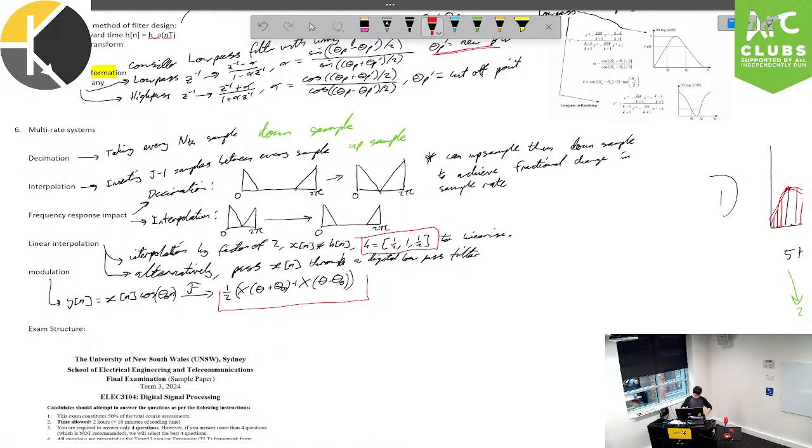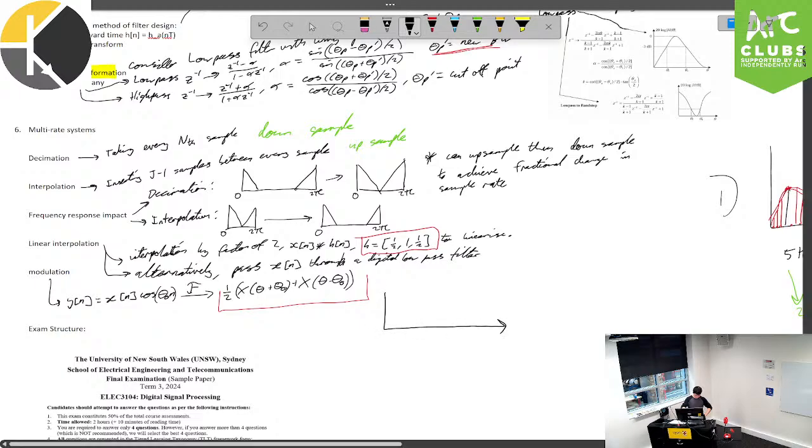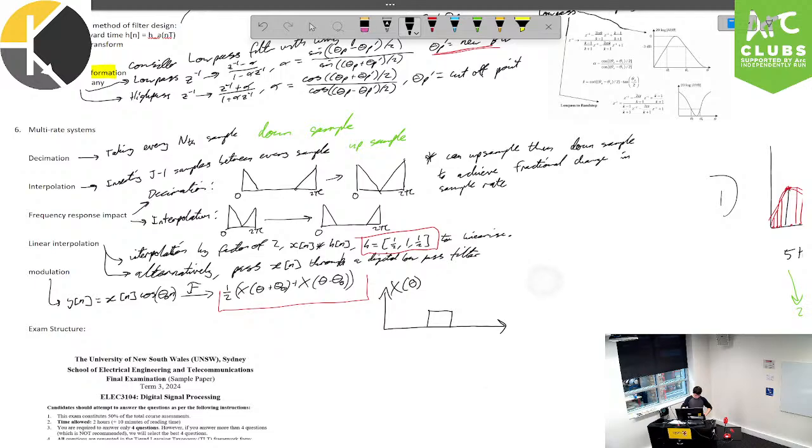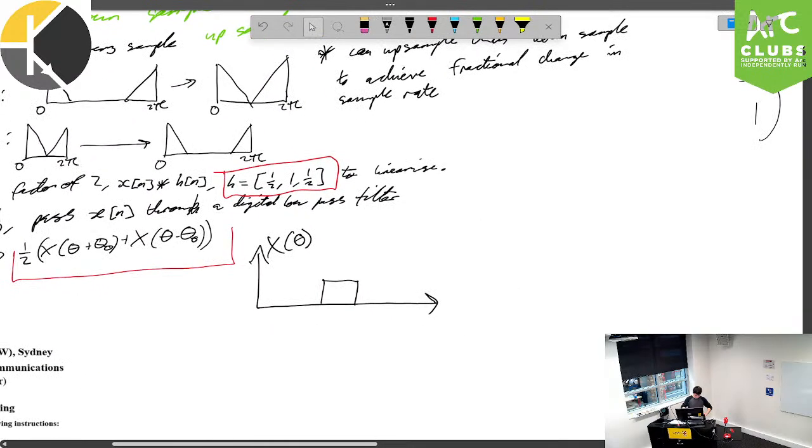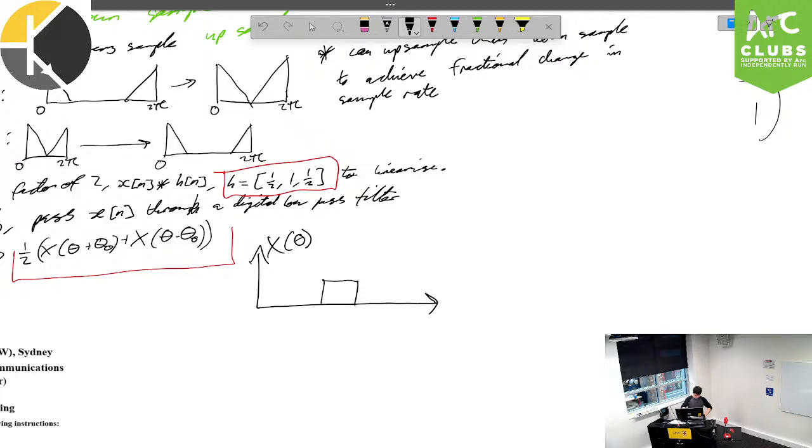Typically, we just get X of theta, but it goes ahead and splits it up onto two sides, okay, against some modulated frequency. And so the way it would look, just typically, is let's say here is big X of theta, and big X of theta just looks like a box, in which case it's just 1 between this region. It's the sum of 2 step functions, nothing too deep.